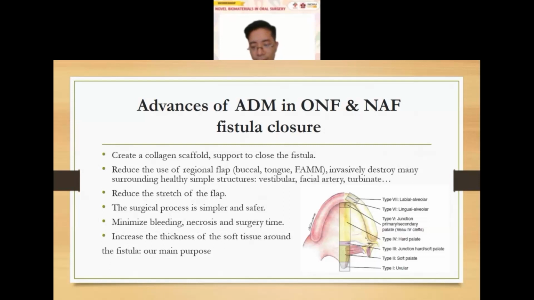At this time, we have not applied it to the primary cleft palate because in our department, the occurrence of fistula complications in other locations after surgery is almost non-existent. So it is usually only seen at the cleft alveolar or the boundary between the primary and secondary palates.